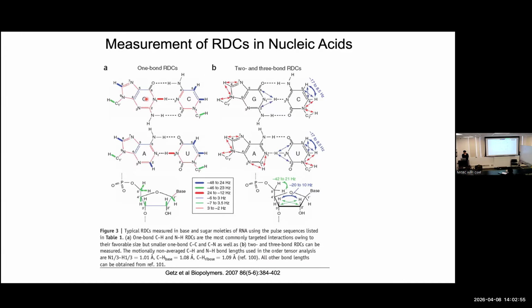So who would have the biggest dipole? Directly bonded, two bonded, or three bonded things? Directly bonded, because that shortens the distance. Now comes the gamma, but you can't have directly bonded protons.